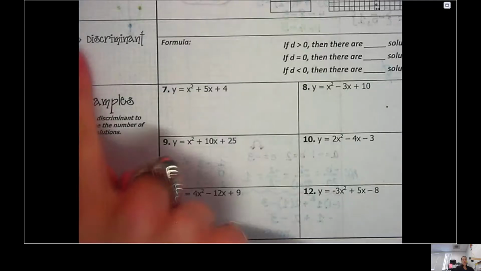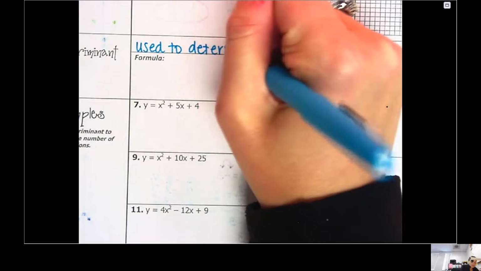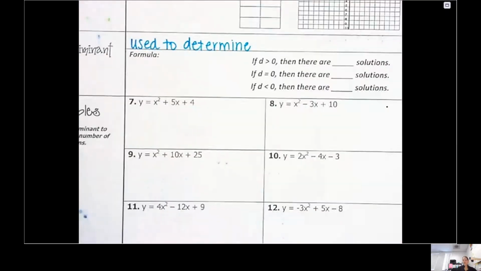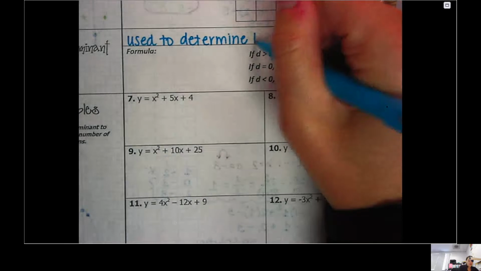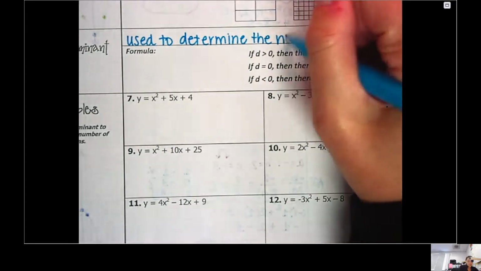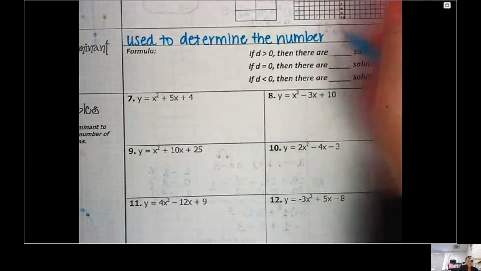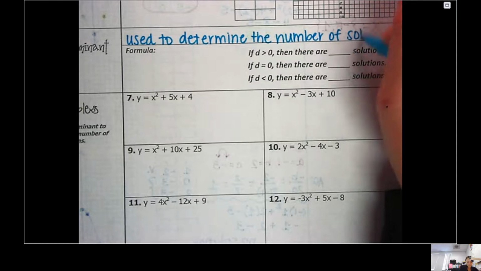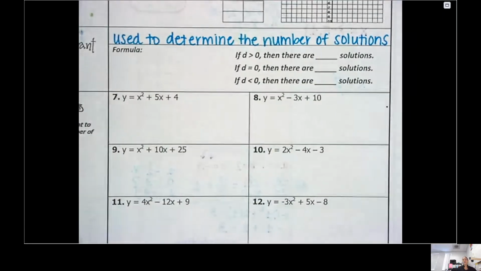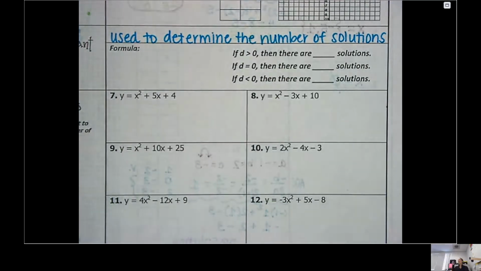So the discriminant is used to determine the number of solutions. So that way, when you go to graph, you should know how many times it crosses the x-axis without even graphing your picture. Okay?